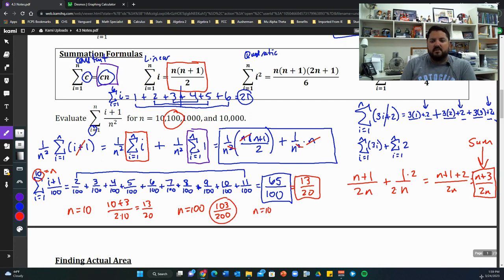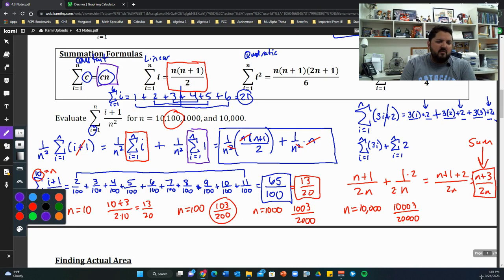If n was 1,000, then again, I just plug that number in. So the first 1,000 terms in this series would total up to 1,003 over 2,000. If n was 10,000, all the numbers get even bigger: 10,003 over 20,000.